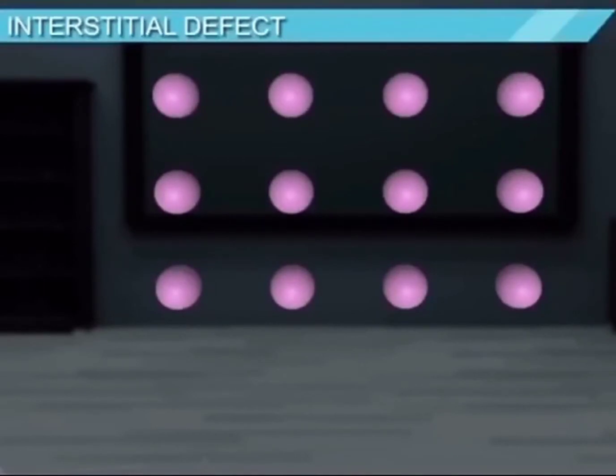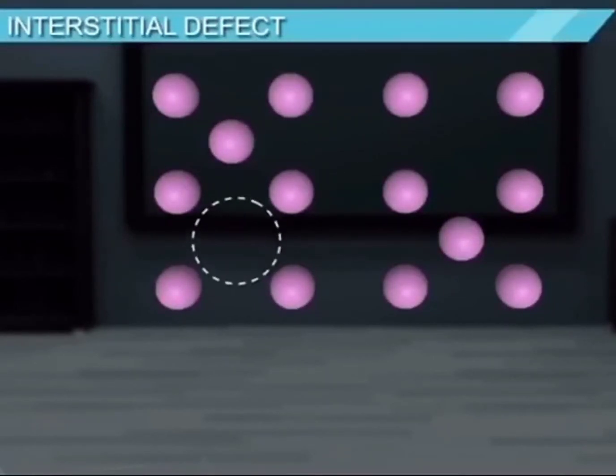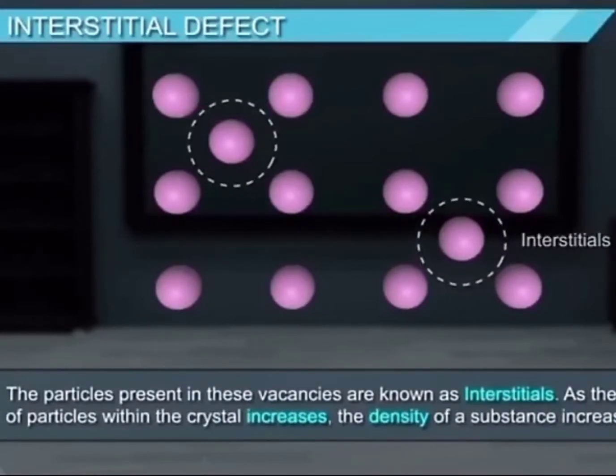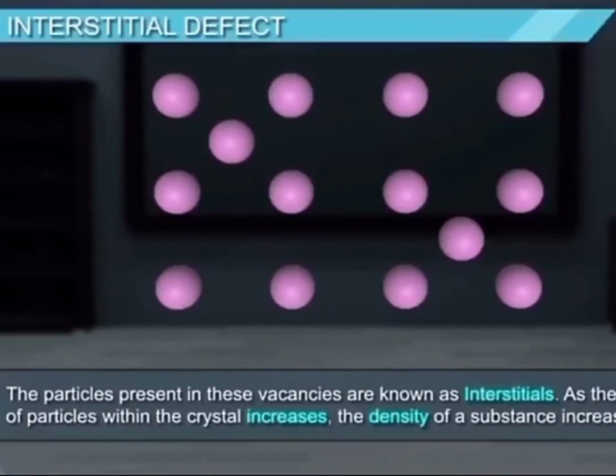Interstitial defect. When some constituent particles like atoms or molecules occupy the interstitial site, the crystal is said to have interstitial defect. This defect increases the density of the substance. The vacancy and interstitial defects can be shown by non-ionic solids.